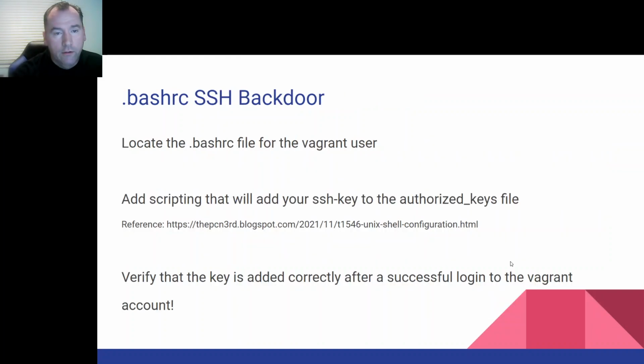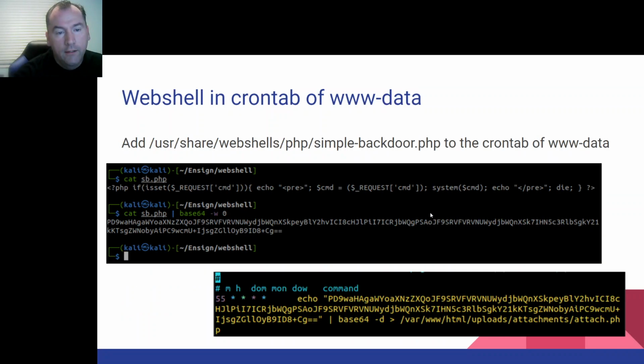And just a quick review. We're adding a SSH backdoor through the bashrc file. Use my blogspot to pull down the bash code that you can place in the file. You're welcome to create your own code and be creative there. I encourage that. And then the other thing is we're taking the file from user share web shells php simple backdoor.php on a Kali box.